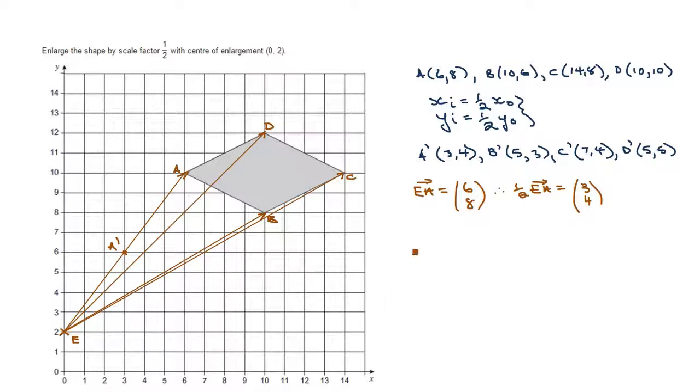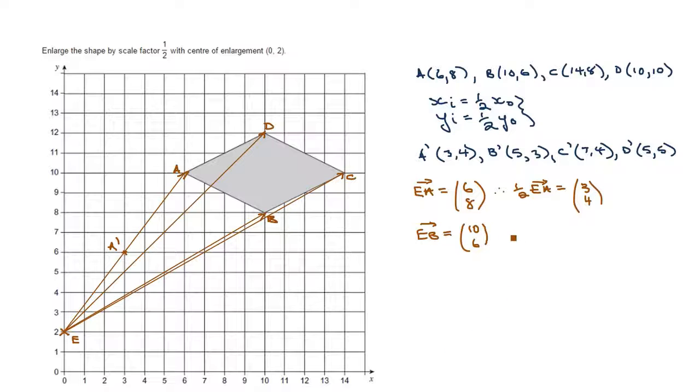Let's move on to E to B. So E to B, but not the coordinates of B. The E to B is the vector. So we've got 10 along and 8 minus 2, 6 up, or 6 in the y direction if you like.